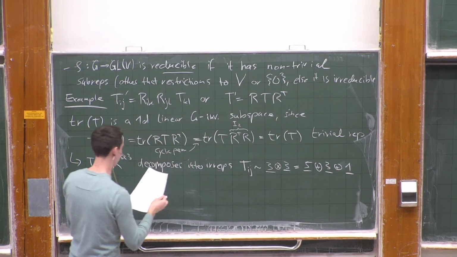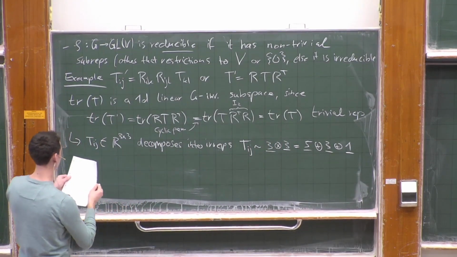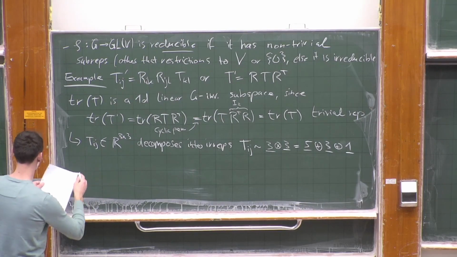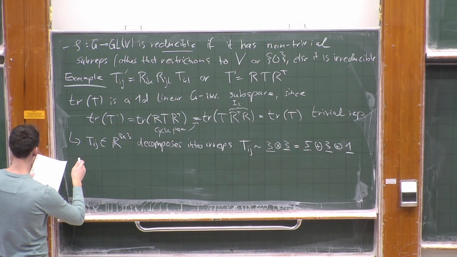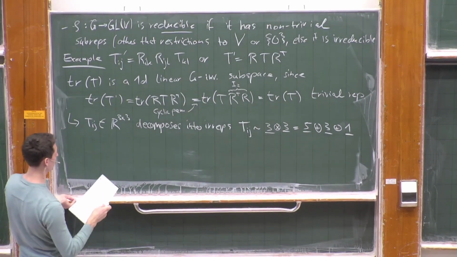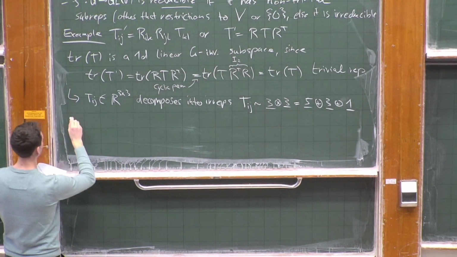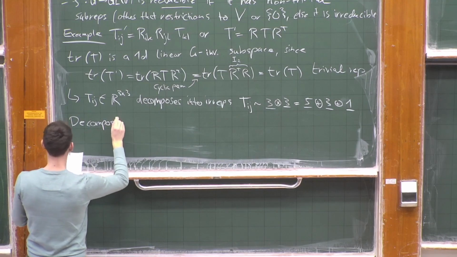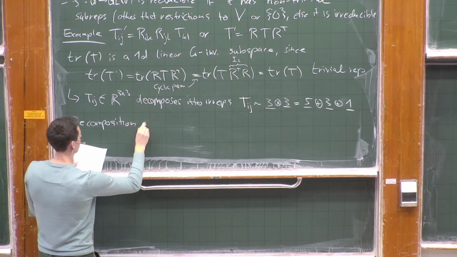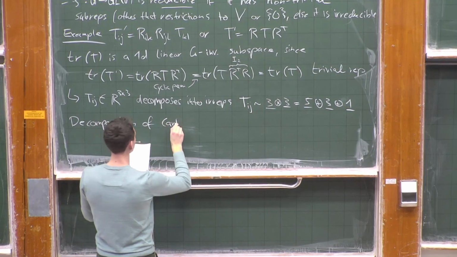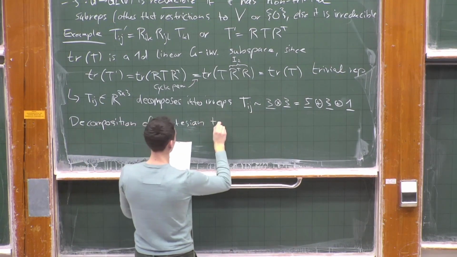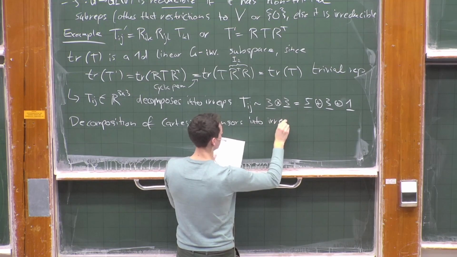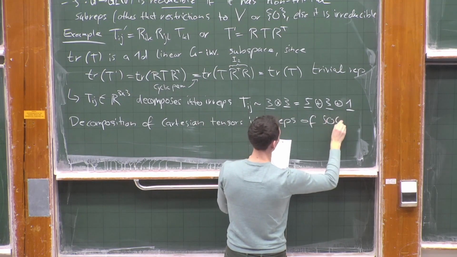Okay, what does that mean? Okay, to take a step back. We will see this in a second, why it's this decomposition. First, we start formally with a new chapter, decomposition of Cartesian tensors into irreps of SO3.